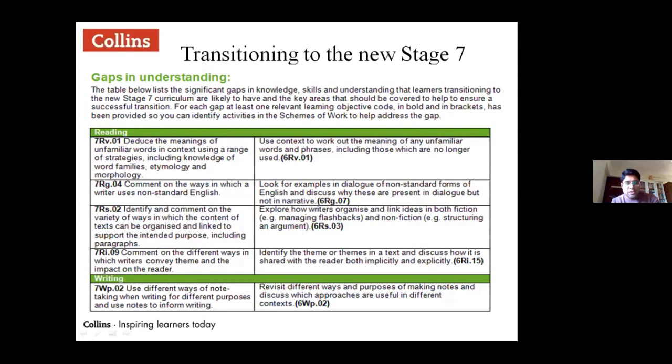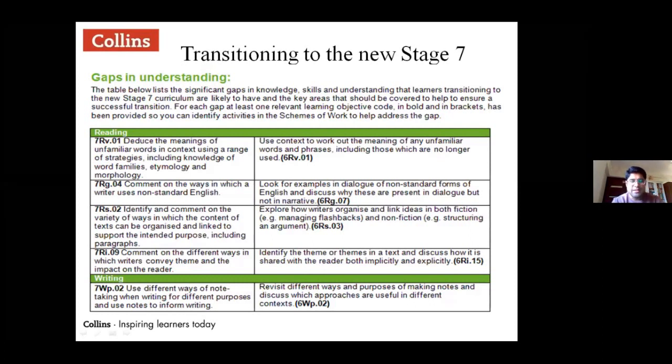So how do we bridge that gap? How do we fill that gap? This is what CI has recommended for us over here. What are the basic elements which are new? So this table basically talks about that. The table below lists the significant gaps in knowledge, skills, and understanding that learners transitioning to the new stage 7 curriculum are likely to have, and the key areas that should be covered to help ensure a successful transition.